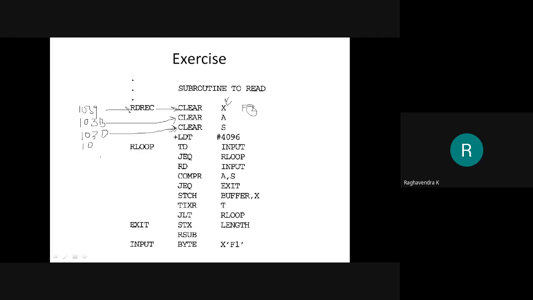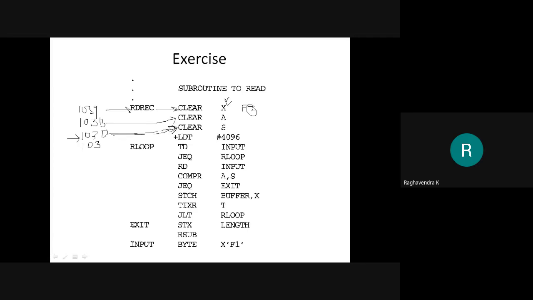Can you tell me what would be the address of that instruction? 103. See, the previous instruction has an address of 103D, right?